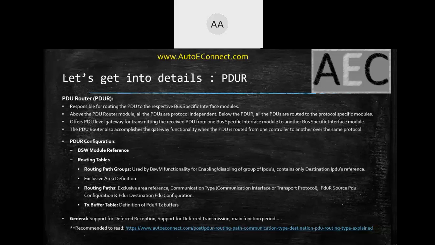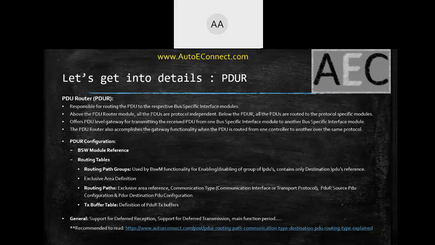On the source side, there are not many parameters, but on the destination side, you will have different options for how you want the destination PDU to be processed. Whether you want to configure it as immediate or default, like whenever there is a change in the data only you want that information to be routed, or whenever any data comes in you want to just pass it on. That can be configured inside the destination PDU.